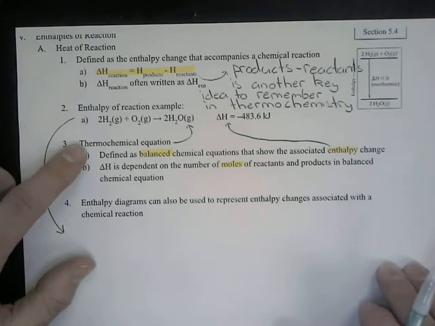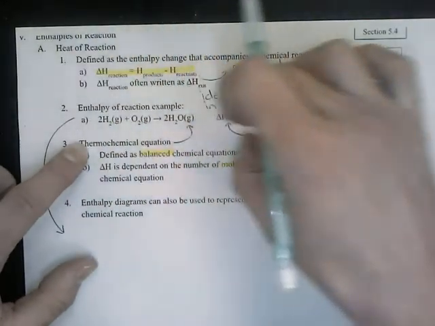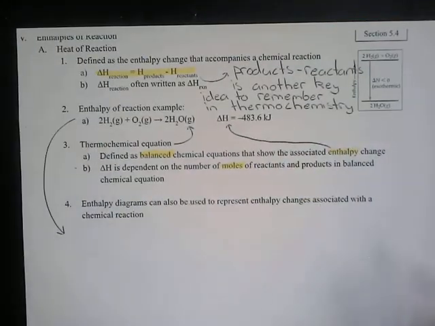So what this whole equation that's written out is saying is this: when 2 moles of hydrogen are burned to produce 2 moles of H2O under constant pressure, there is a release of 483.6 kilojoules of, again, heat.